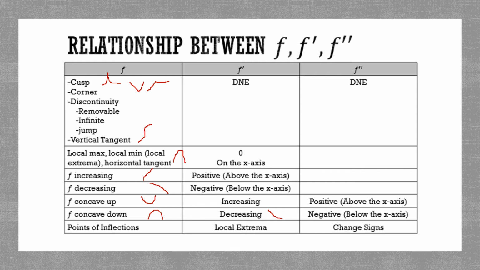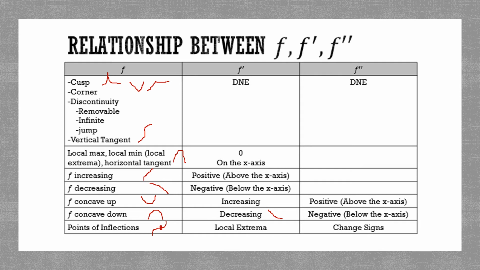Points of inflection are where your graph is changing concavity. So you're changing from concave up to concave down, or concave down to concave up. So say you have something like this. This first left half that I drew would be concave down, and then it's switching to concave up. So this right here is a point of inflection.